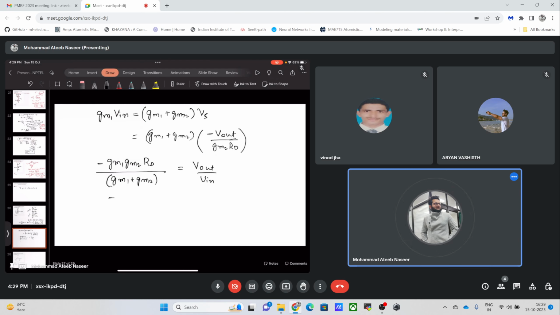So the magnitude of Vout by Vin is gm1 of 1 milli, gm2 of 1 milli, RD of 10 kilo, which is 10 into 10 to the power of 3, divided by gm1 plus gm2. The 10 to the power of minus 3 factors cancel out, and it will be simply 5. This will be the voltage gain that we get for this circuit.